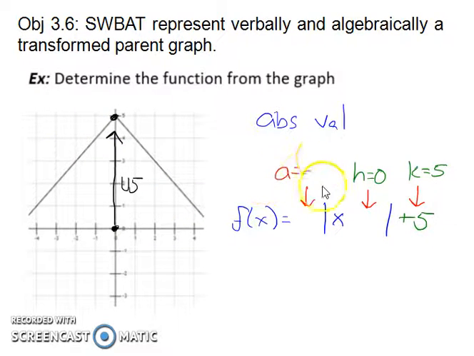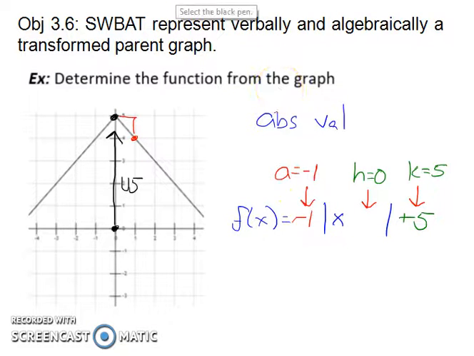No matter what I end up with the actual number, it's definitely opening down instead of up, so it's been reflected. Then I would do the same thing we did for square root. In order to see if it's been stretched or compressed, a normal absolute value function goes over 1, up 1. This one seems to go over 1, down 1. So other than the fact that it's been reflected, it seems to be the same shape, not stretched or compressed at all. So our a is just negative 1.